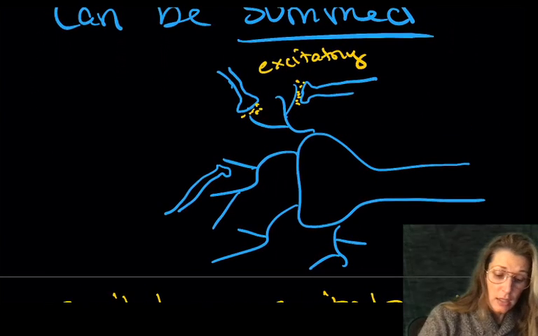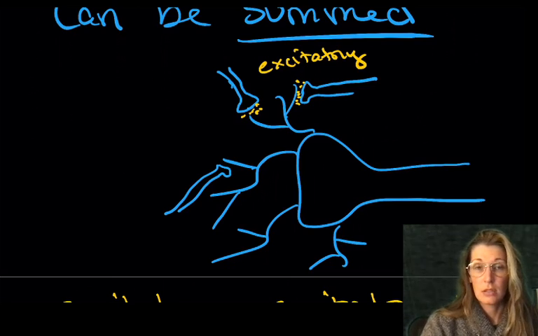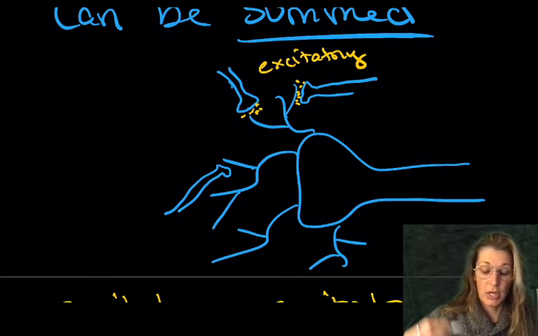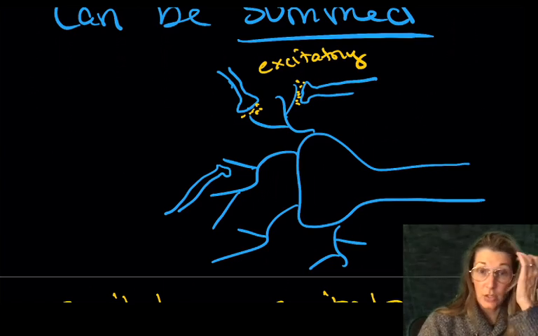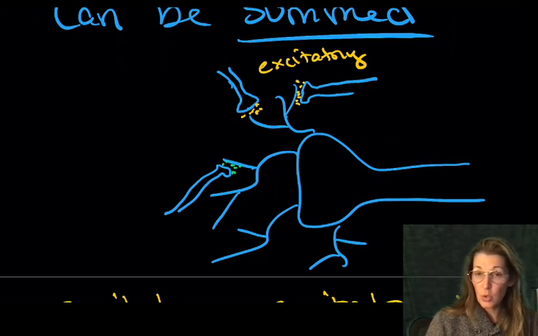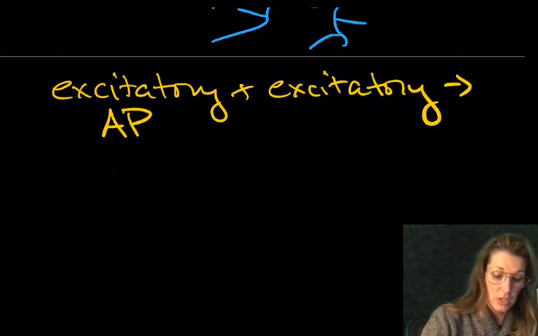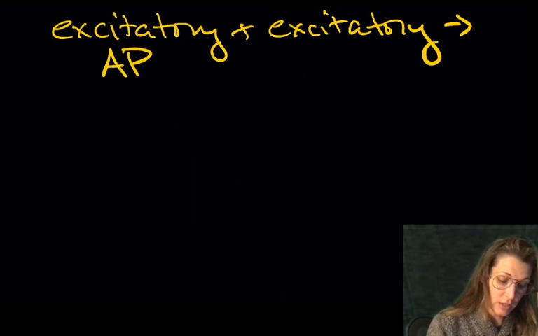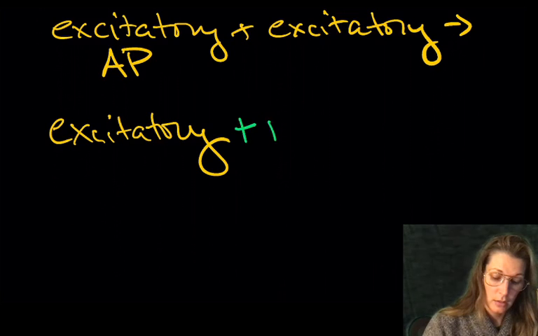So you may have guessed, if we can have excitatory neurotransmitters in this synapse that can sum with excitatory, we can also have excitatory that sum with inhibitory. So let's imagine that we have excitatory and inhibitory signals coming in. So then they're competing with each other. So maybe we have excitatory plus inhibitory.